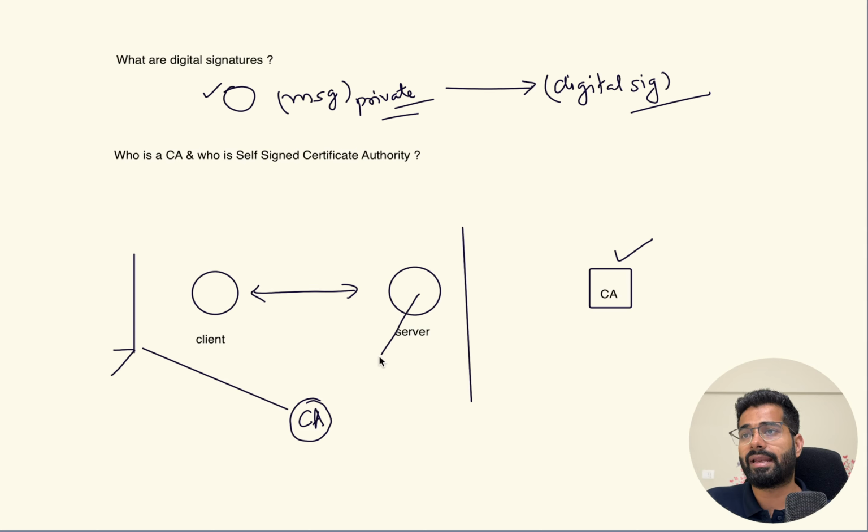The servers can directly get their certificates signed through the local certificate signing authority, and they can validate and create a TLS connection. These local certificate signing authorities within the organization, which cater to the organizational needs, are called self-signed certificate authorities.